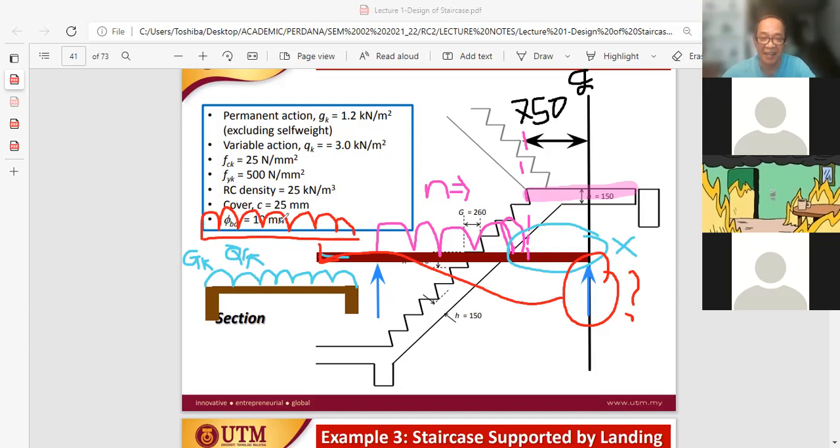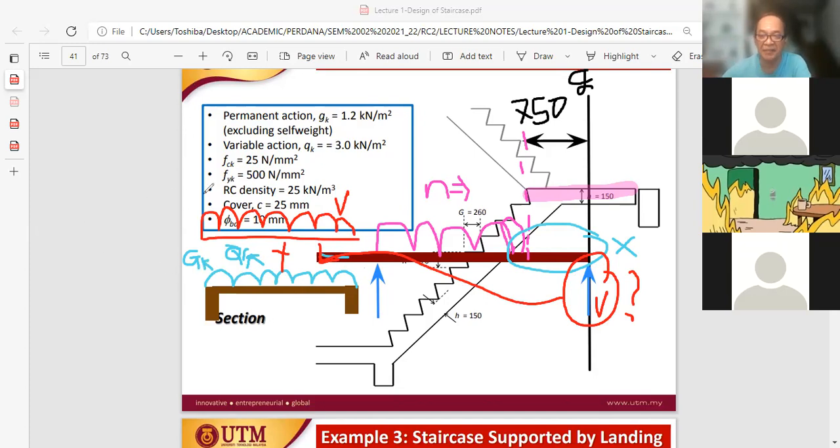So this loading is actually the reaction, let's say V from the staircase, this is the V. The GK and QK from the landing plus the V give the total load acting on the landing, because the landing is supporting the staircase. This is what is meant by the reaction from the staircase transferred to the landing, right?